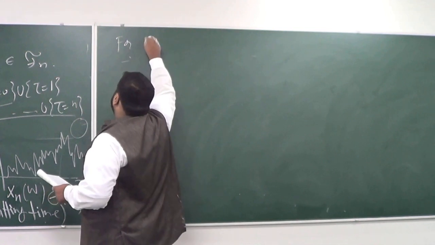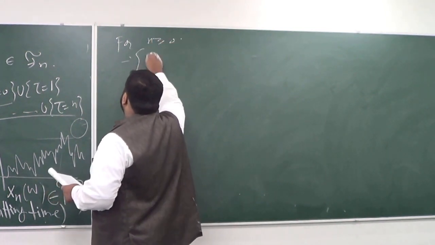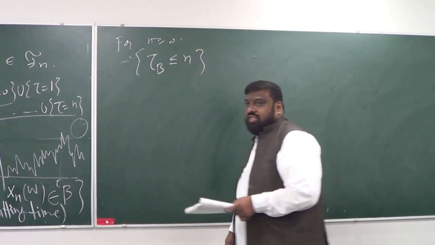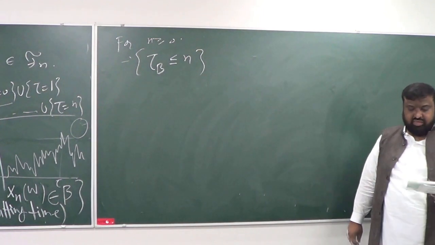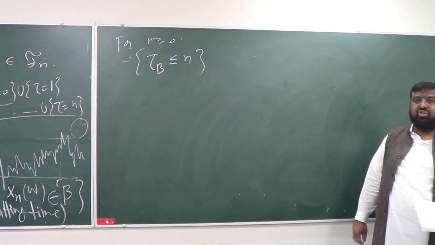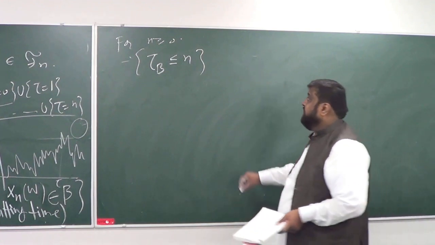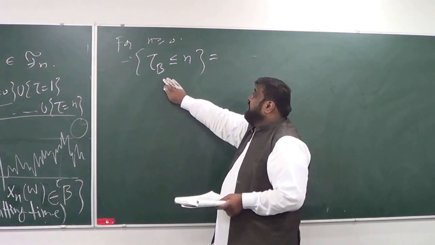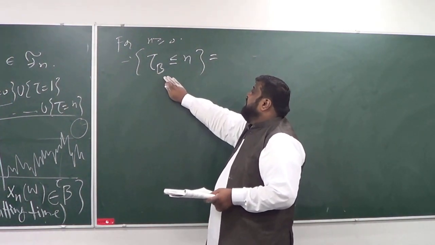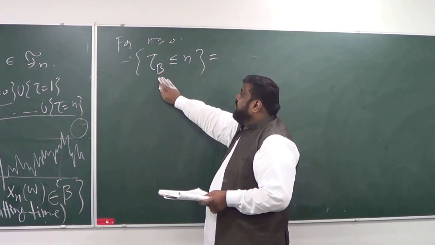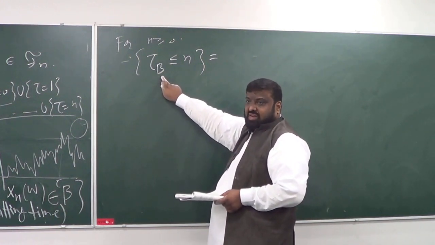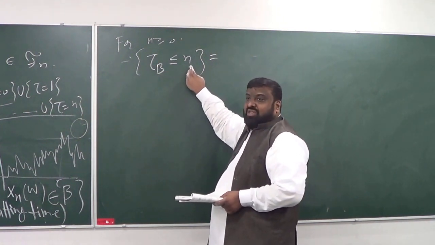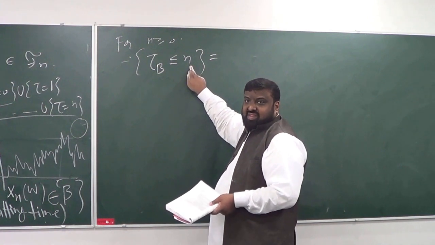Now consider the proof. For n bigger than or equal to 0, consider the omegas for which tau b is less than or equal to n. I need to show that this belongs to Fn. What does this mean? This means that the process has entered into the ball at any instant before n or equal to n.